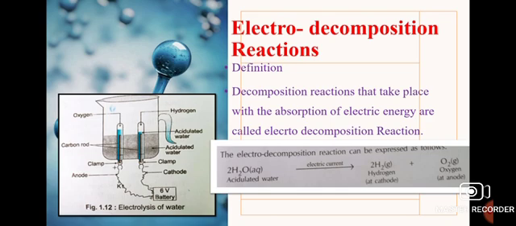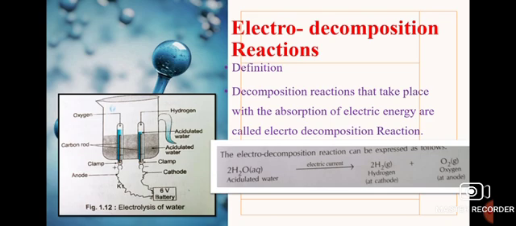Here, using electric energy, we connect a 6-volt battery to the test tube. Decomposition reaction that takes place with absorption of electric energy is called electro-decomposition. A reaction that takes place in sunlight is photo decomposition. A reaction that takes place with electric energy is electro decomposition.